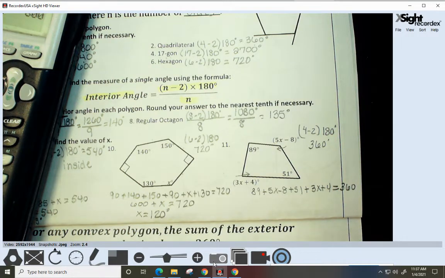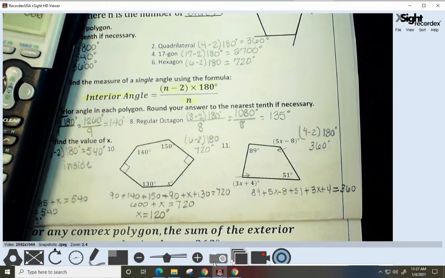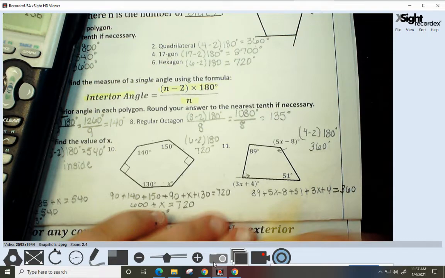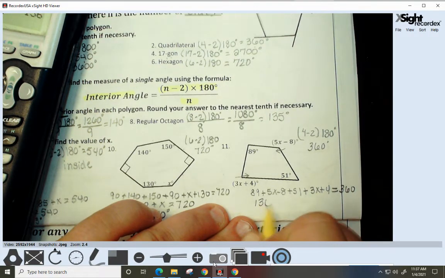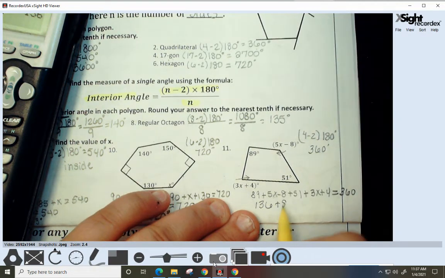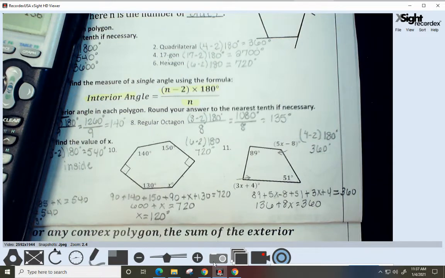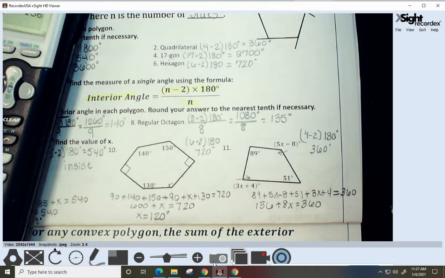Okay, so I'm going to add up what I can. I can add 89, take away 8, add my 51, and add my 4. That's going to give me 136. I've got a 5x and a 3x to give me 8x, and all that's still equaling 360 degrees.